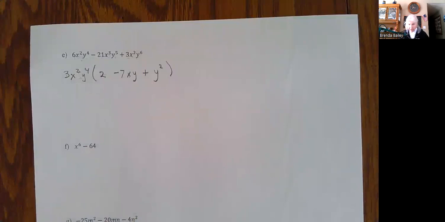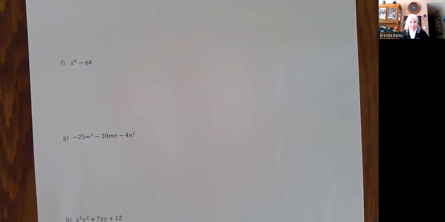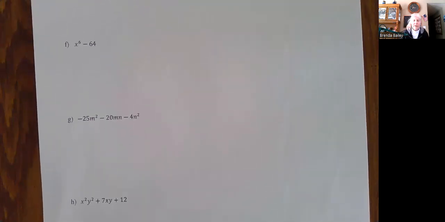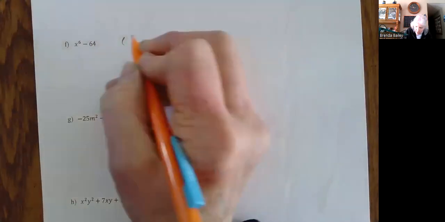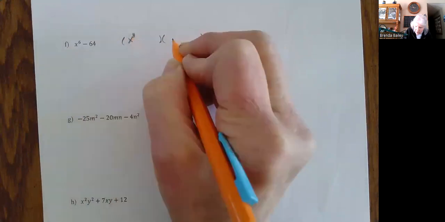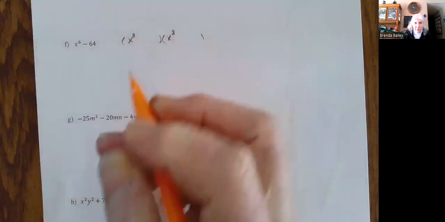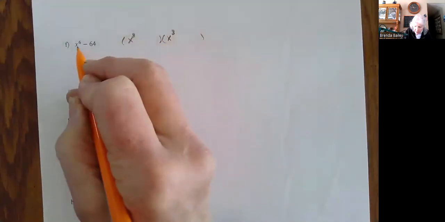So you're done. Just factor out the greatest common factor. Awesome. Now this next one, when you're given x to the 6 minus 64, you could use the difference of 2 cubes. But when you're given something like this, use the difference of 2 squares first. So what I mean, well, x cubed times x cubed gives you x to the 6th.